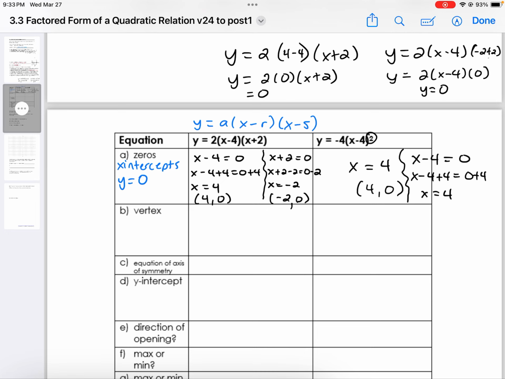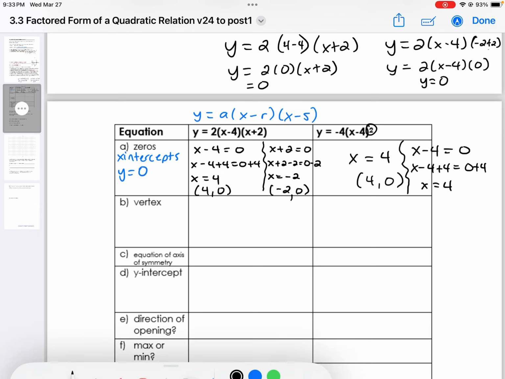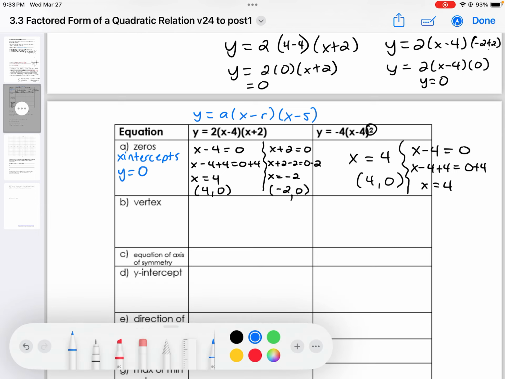So now we have the roots. So we are going to use those roots in order to calculate the vertex. We're going to do the x value first: r plus s divided by 2, and then sub x to find y.